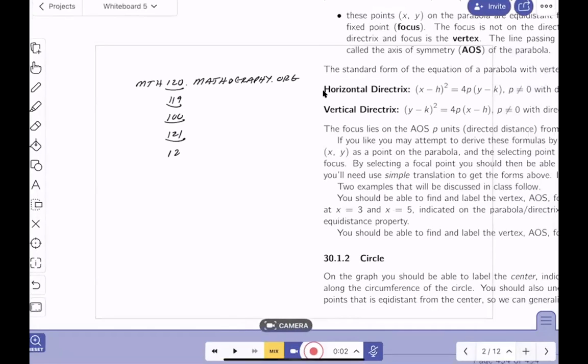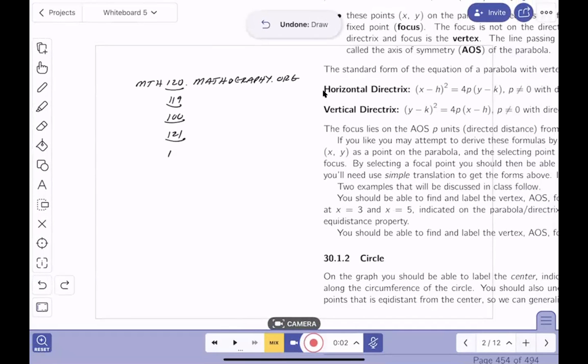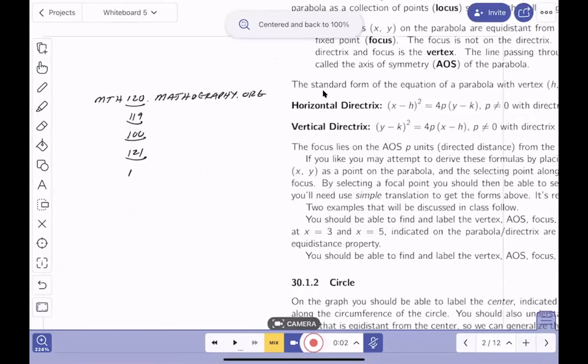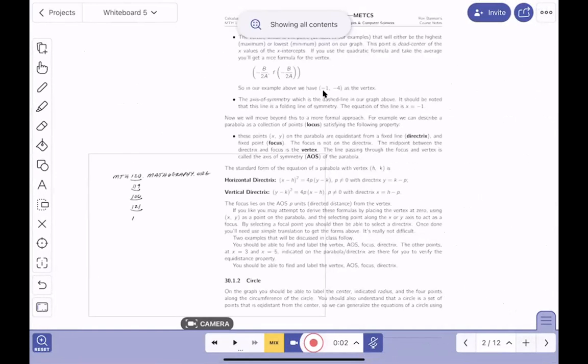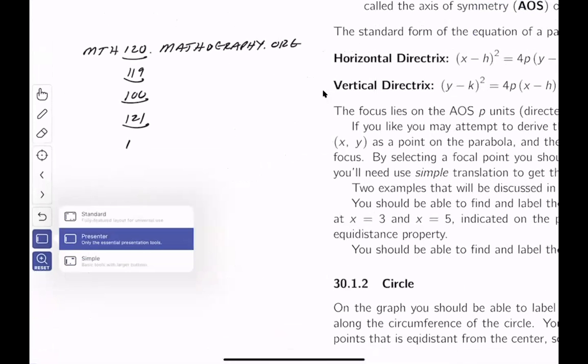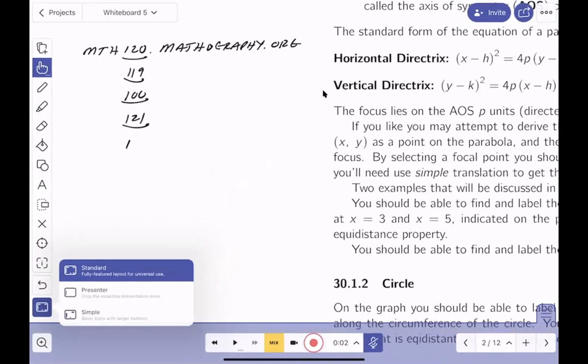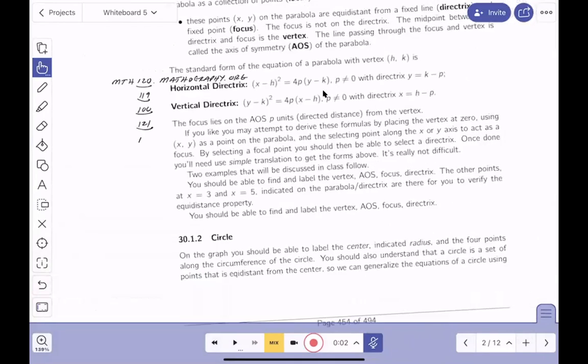All right, I got to go backwards again. This always happens to me. I don't know why. All right, give me a second here. All right, sorry about that.